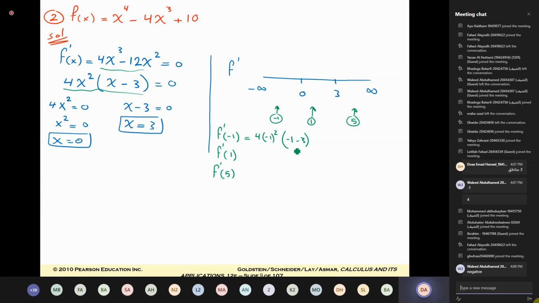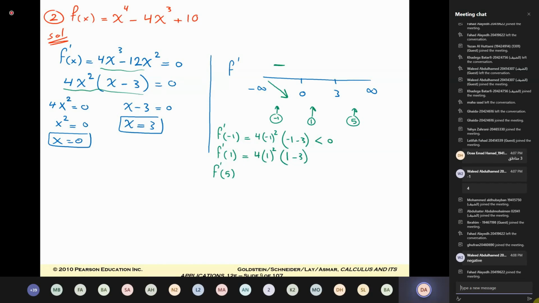So we have positive multiplied by negative, we have negative. So the first region is negative, so this is the direction down. Substitute 1, we have 4, 1 square, and 1 minus 3. Also, this is positive multiplied by negative, we have negative.